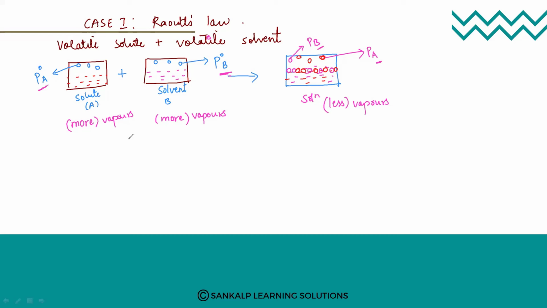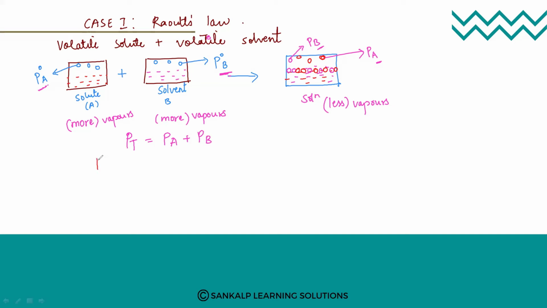B in the solution. Now, if I want to calculate the total pressure in this solution, how can I calculate? So I'll calculate by taking the sum of PA plus PB. So how much pressure is created by A plus how much pressure is created by B. So this partial vapor pressure can be calculated like this. Okay.